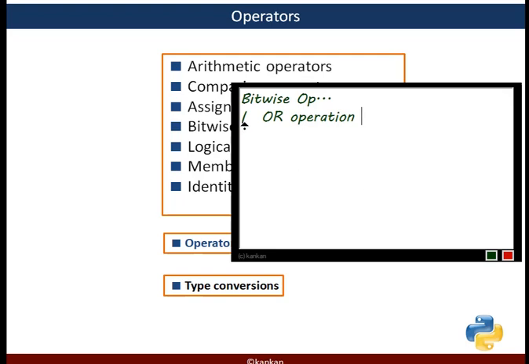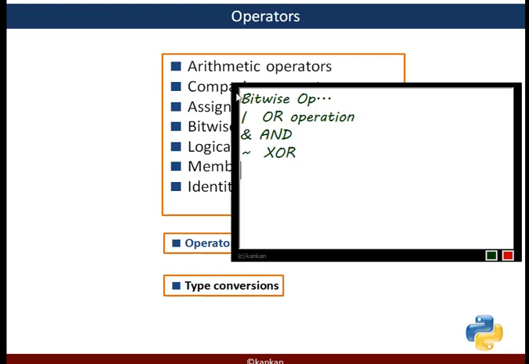This is the actual symbol used for bitwise OR. This is for bitwise AND operation. This one is for bitwise XOR operation.